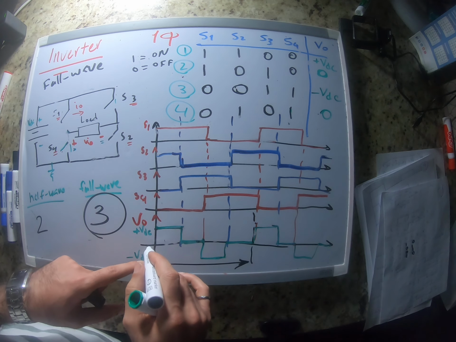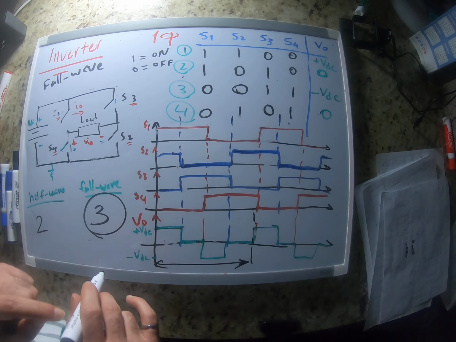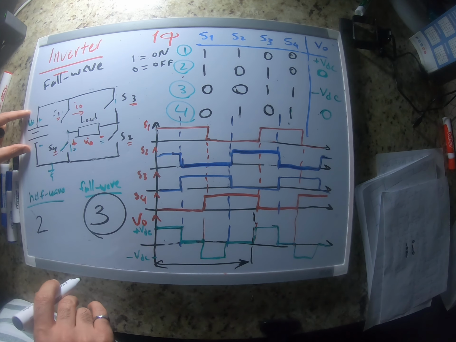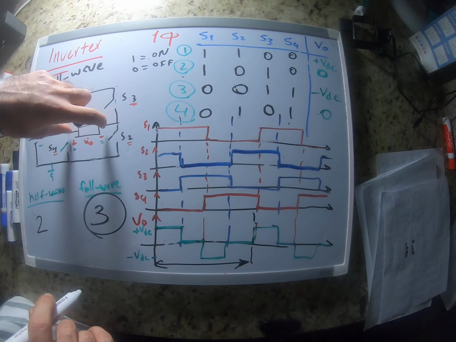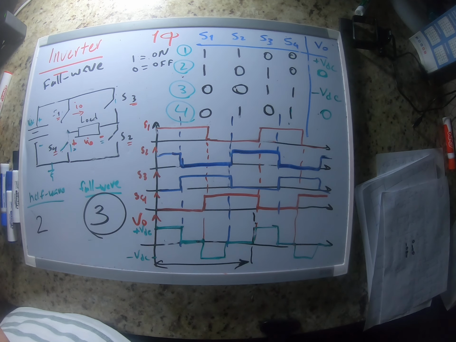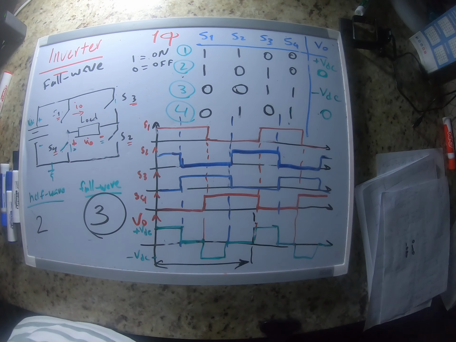This one looks more like a sinusoid, and if you compare the two outputs, you would see that it has fewer harmonics than half wave. So this is the whole concept of full-wave inverter and half-wave inverter.